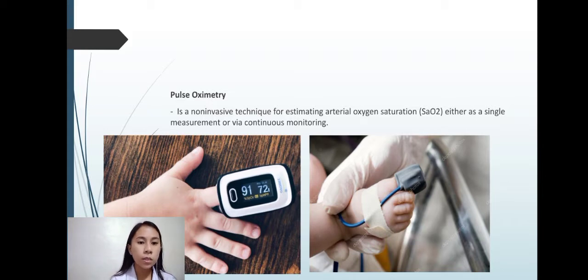A sensor and photodetector are placed around a vascular bed, most often the finger for a child or the foot for an infant.